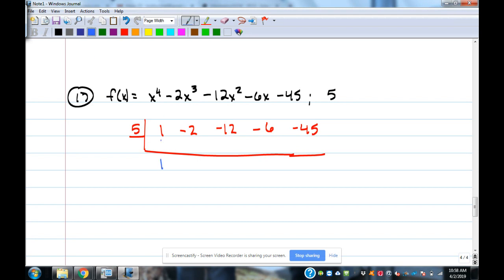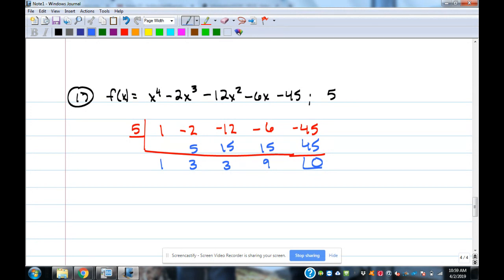Run that through there. There I get 0 on the remainder, just like I would expect to, because I'm doing synthetic division. They told me 5 was a 0. That means I better get 0 on the remainder.